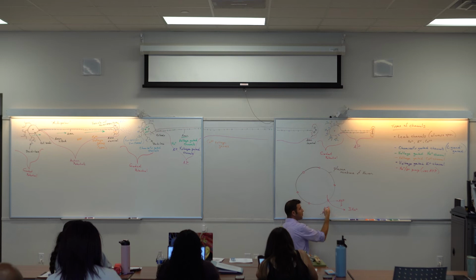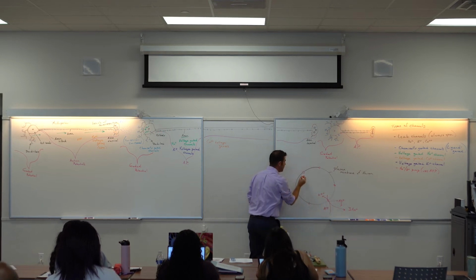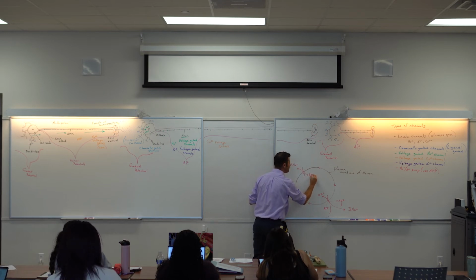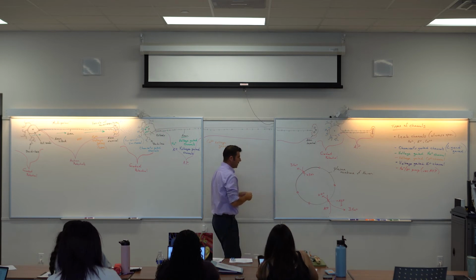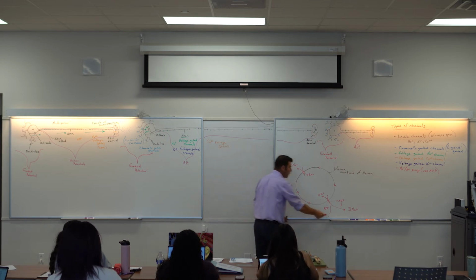And at the same time it throws out 3 sodium ions, it's going to pull in 2 potassium ions. And that's going on in each one of these sodium-potassium pumps. So you can imagine 3 sodium ions being thrown out and 2 potassium ions being thrown in. And again, I'll just draw this on 2 of them to not crowd the drawing.